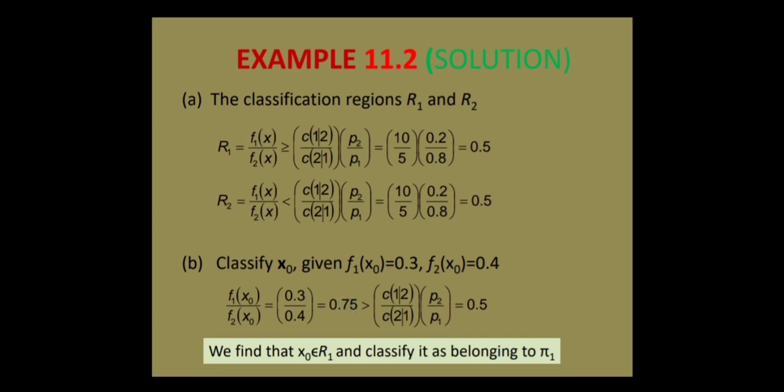So the new observation ataupun the new subject tadi will be classified as belonging to pi 1 ataupun the first region. Okay, belong to first population. It falls in the first region, the R1, and it belongs to the first population. Okay, that is how we do the classification. Right?